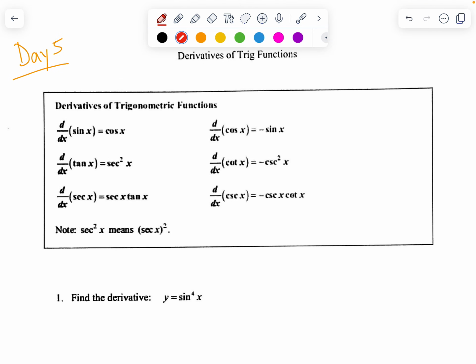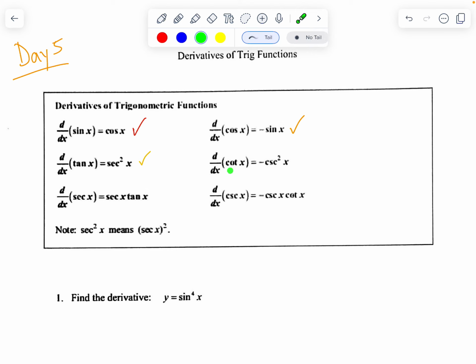We've not done this before, but if I take the derivative of sine, that is cosine. If you take the derivative of cosine, that's negative sine. Derivative of tan is secant squared x, which is really just secant of x squared.